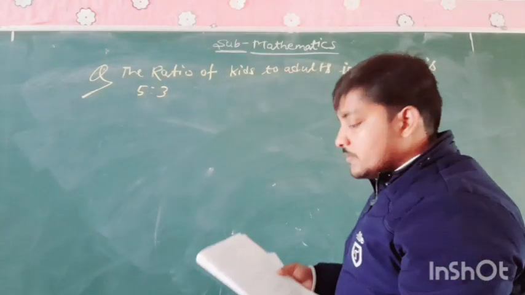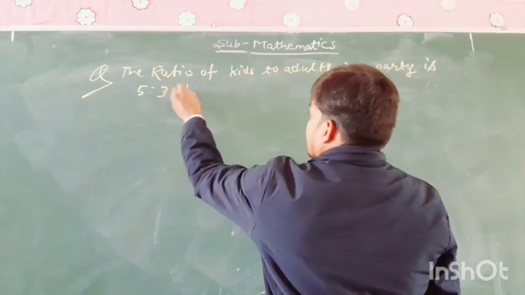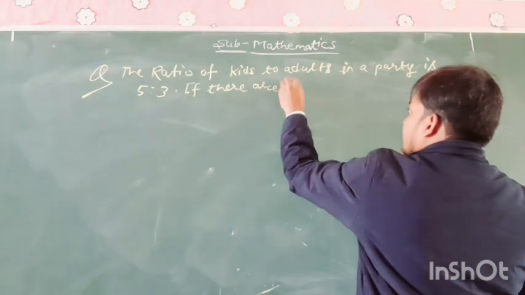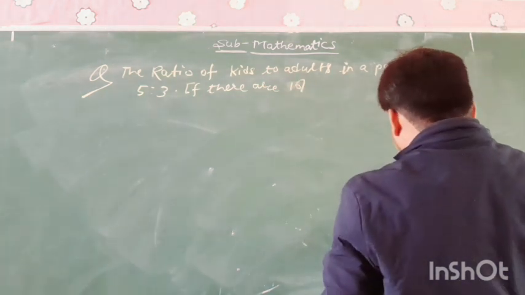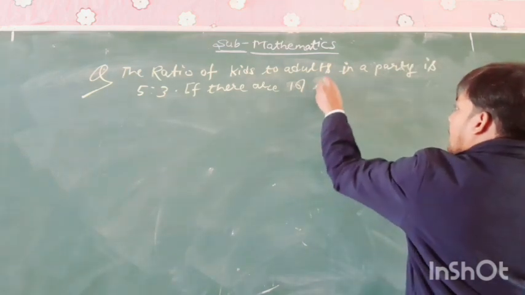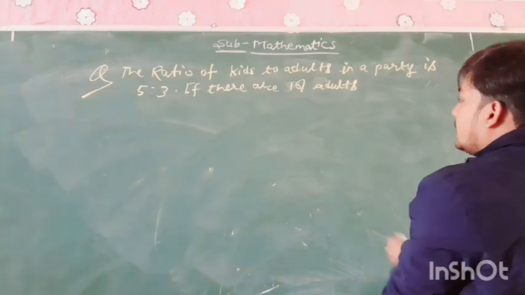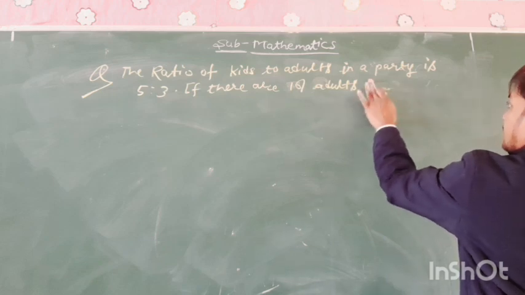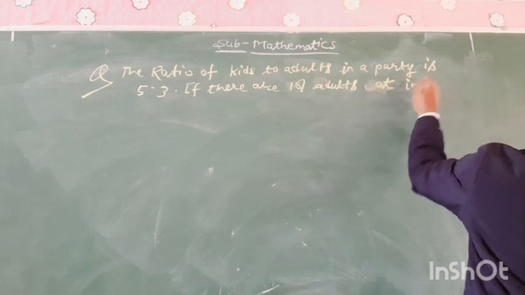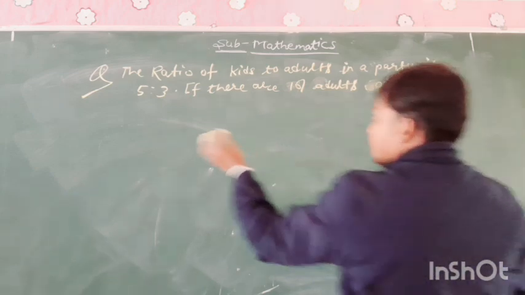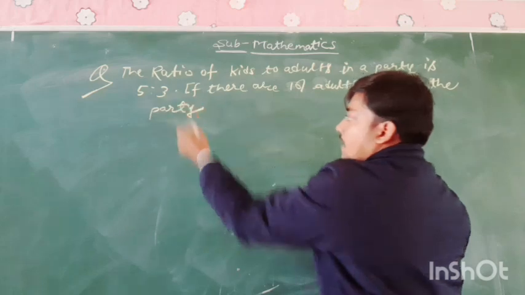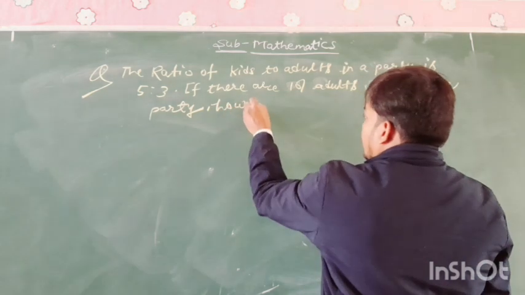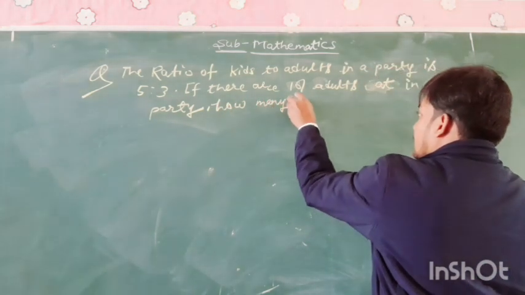If there are 18 adults at the party, how many kids are there?